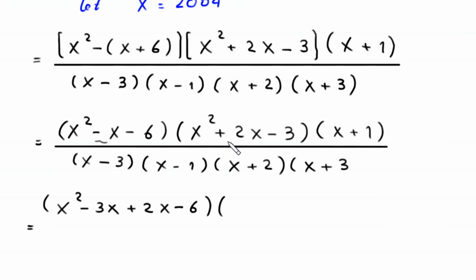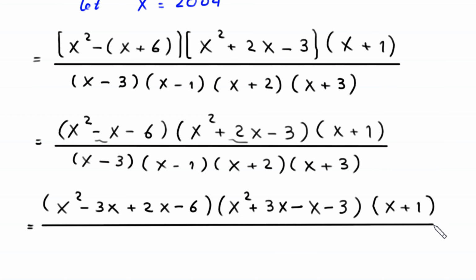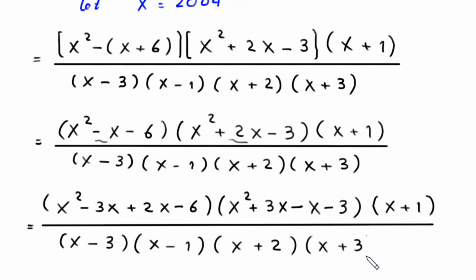We write this x squared and we break this 2x into two terms: plus 3 times x minus 1 times x minus 3, times this x plus 1, and all this is divided by this denominator, which remains the same: x minus 3, times x minus 1, times x plus 2, times x plus 3.